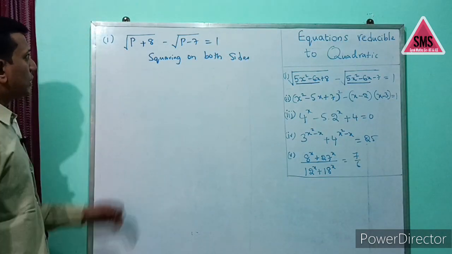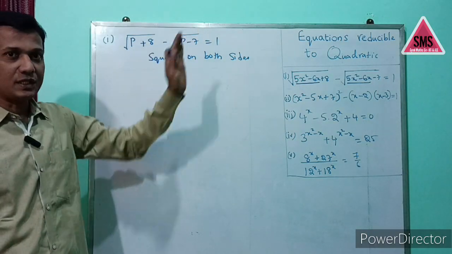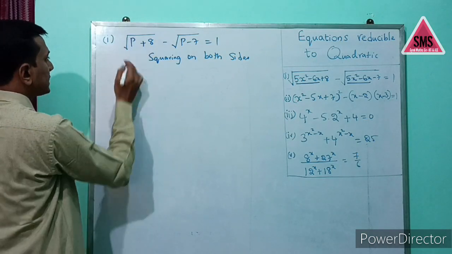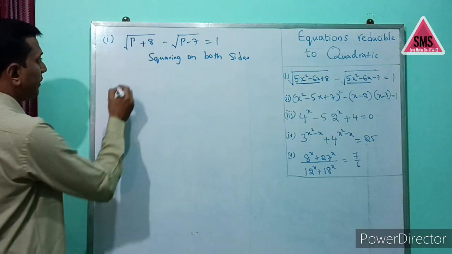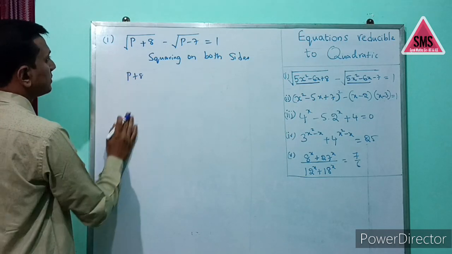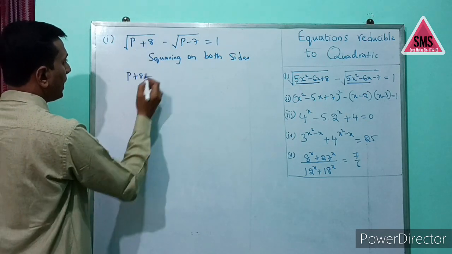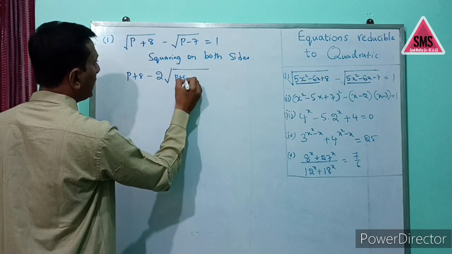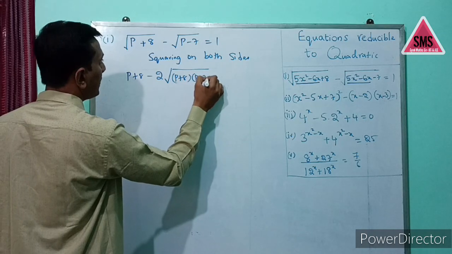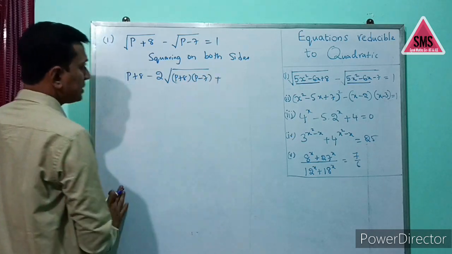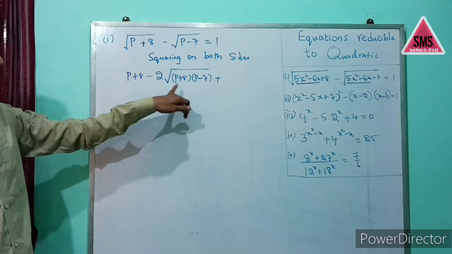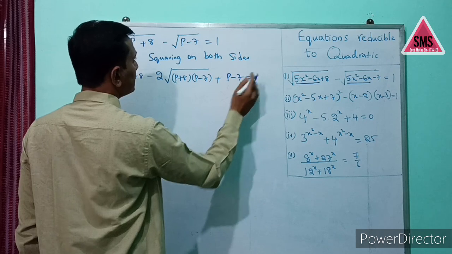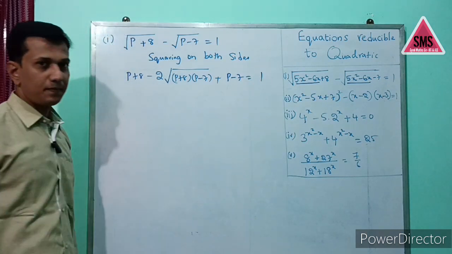When you do squaring on both sides, we'll get an expression in the form of a minus b whole square. Expand that: a square, which since it is irrational, we'll get p plus 8 after squaring, minus 2ab, under the square root you will get p plus 8 into p minus 7, plus b square, which is p minus 7, equals 1.